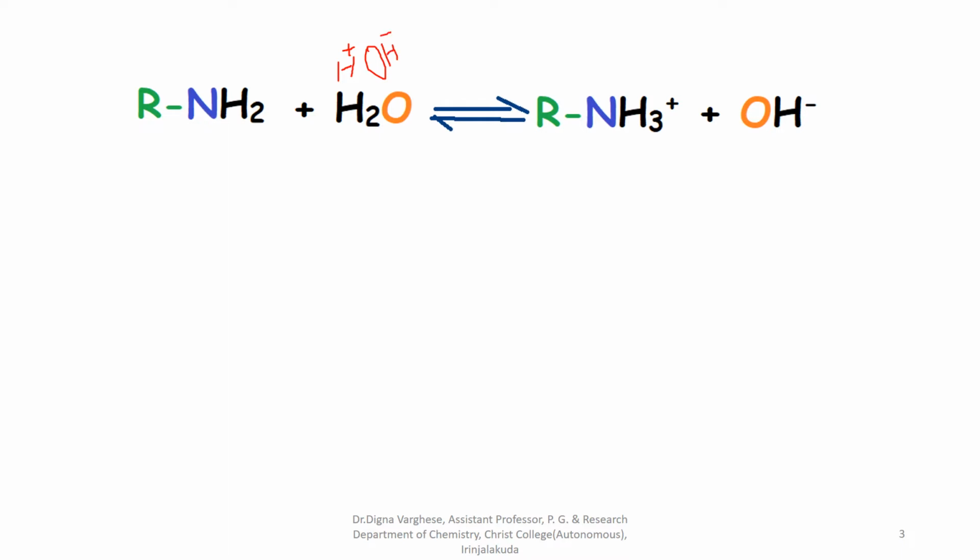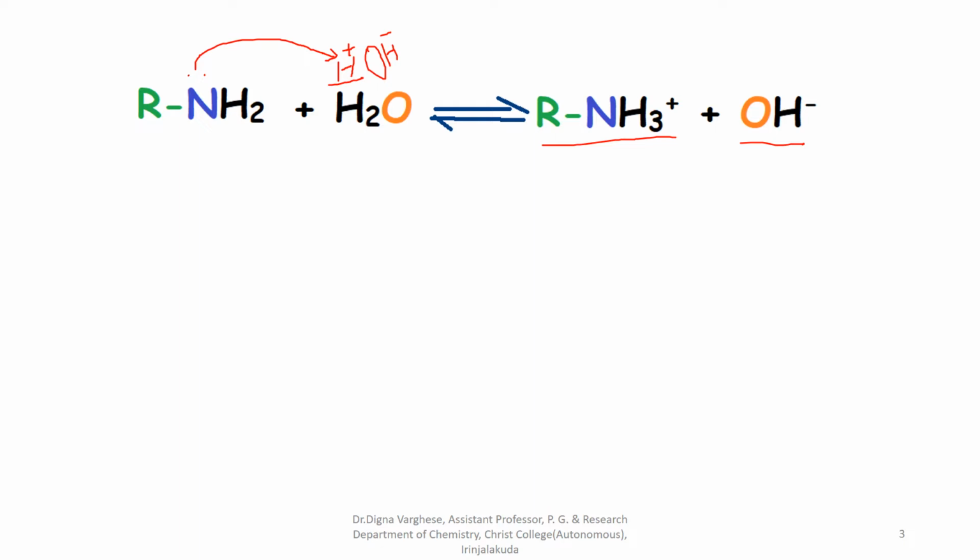We know a primary amine is a base in which the nitrogen atom contains one lone pair of electrons, so it can attach to the H plus ion and form RNH3 plus and OH minus. So this is the equilibrium for a primary amine in water.